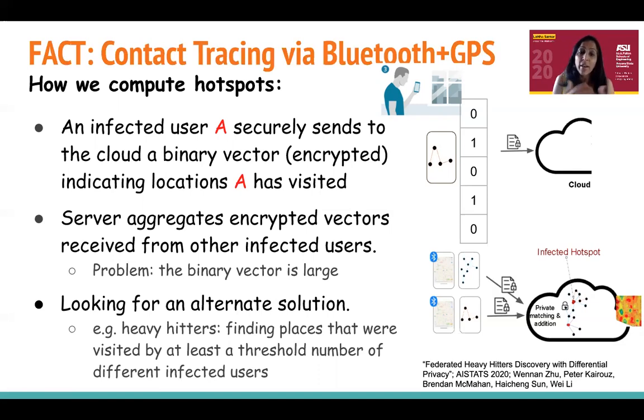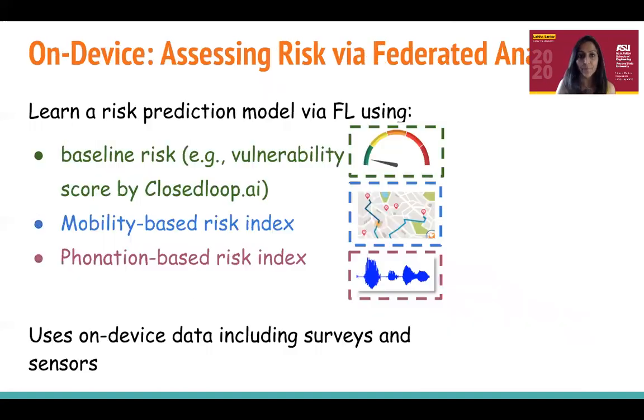And one way to solve that problem could be looking at heavy hitters and saying, we only collect this kind of information for certain places that we either identify as hotspots, say retail locations, malls, hospitals, childcare centers, and so on. And as we go along, you take the ones that go beyond a certain threshold. That was for the contact tracing part of the application.